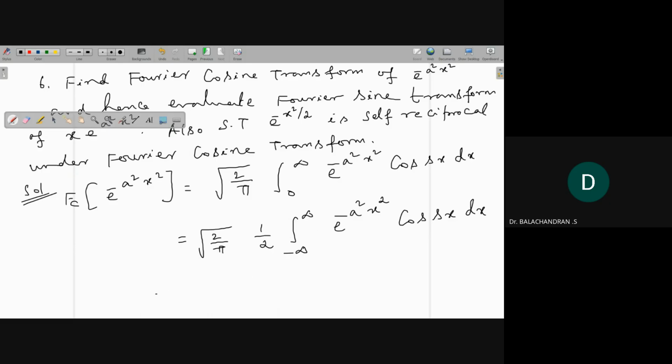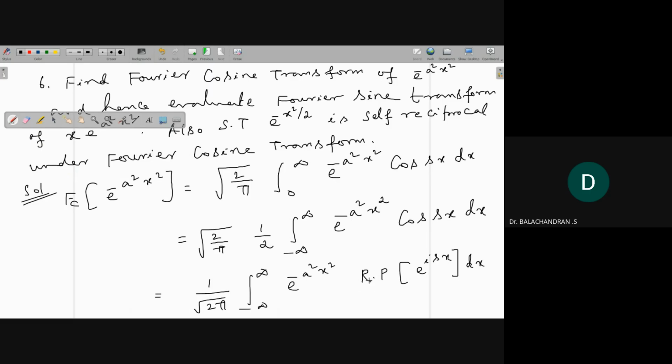Now this is equal to 1 by root 2 pi, minus infinity to plus infinity, e power minus a square x square into the real part of e power isx dx. This is cos sx plus i sin sx, and the real part is cos sx.